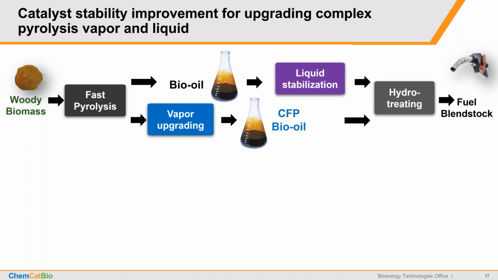In order to enhance the quality of the bio-oil, there are two approaches. One is that you can produce bio-oil and then do a bio-oil stabilization to increase its quality for hydrotreating, or you can use catalyst during fast pyrolysis, which we call catalytic fast pyrolysis, to directly react with the fast pyrolysis vapor to produce a stable, high quality bio-oil.